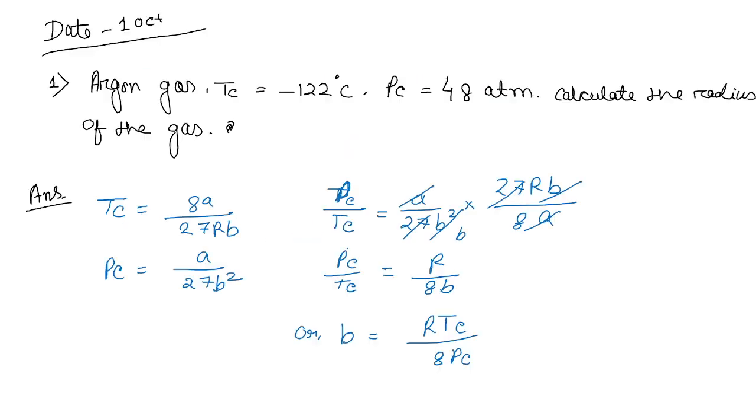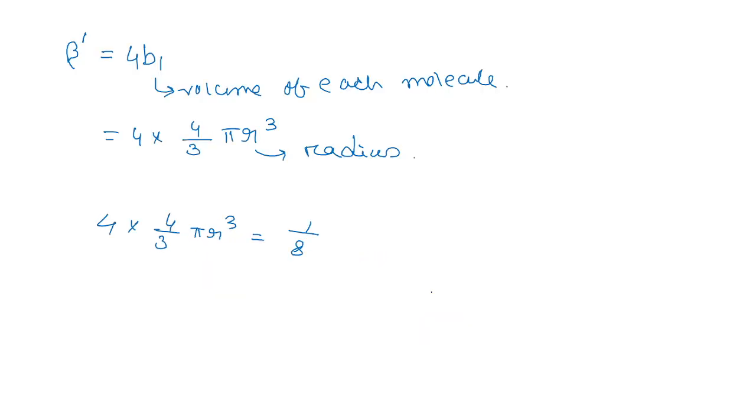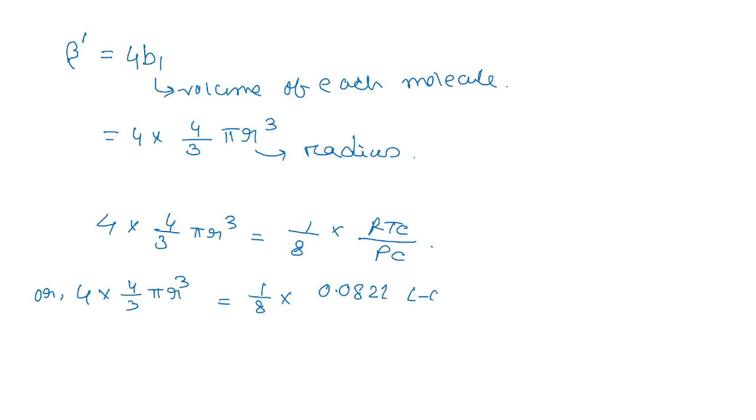What we got here: B is RTC by 8PC. I just put the values here. R value is 0.0821 liter atm.